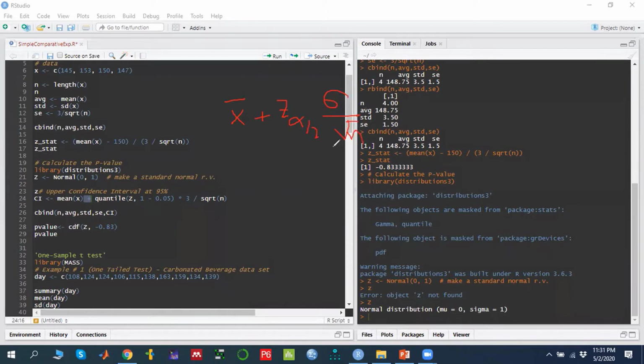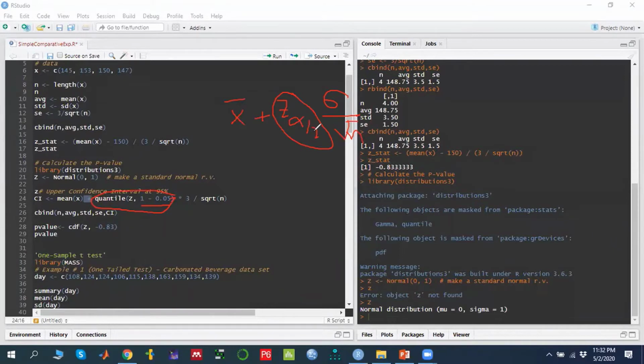And that's why plus. And how can we calculate the Z alpha by 2 with the help of this function, that is quantile, the value of Z comma, so this is the probability. Because I am finding the 95% confidence interval, so that is 1 minus 0.05.